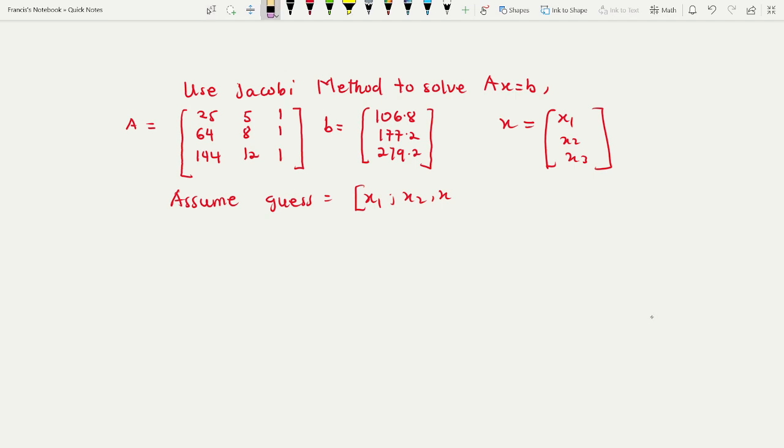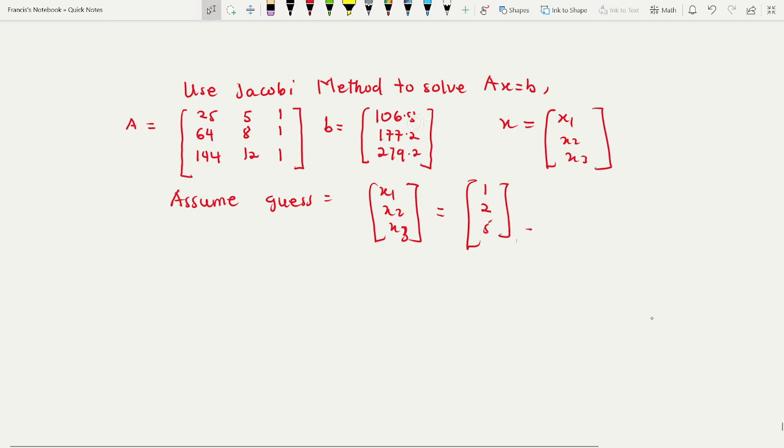That would be good. So I'll have X1, X2, X3, right? X3 is equal to the initial guess given, which is 1, 2, then 5. Like this. So we have to solve this using the Jacobi method with an initial guess 1, 2, 5.